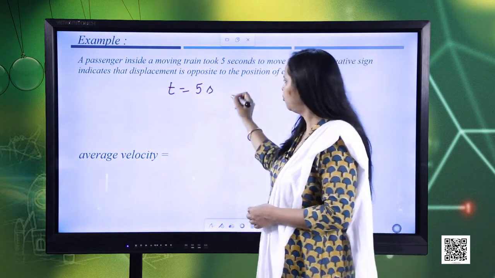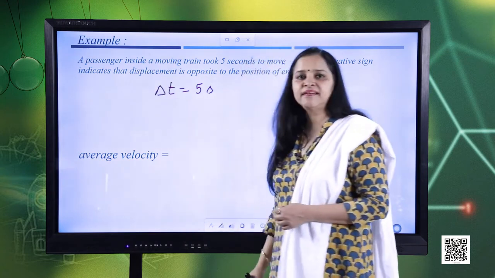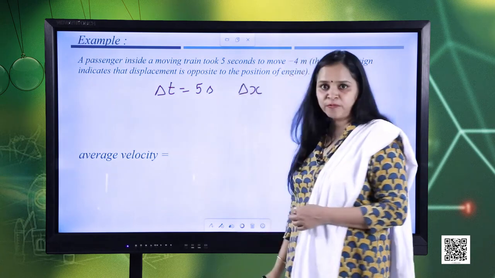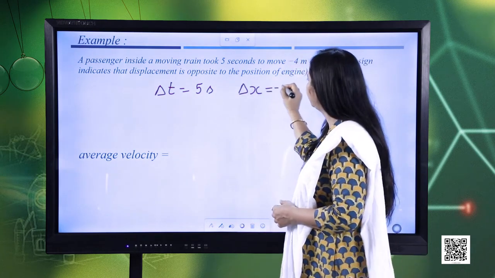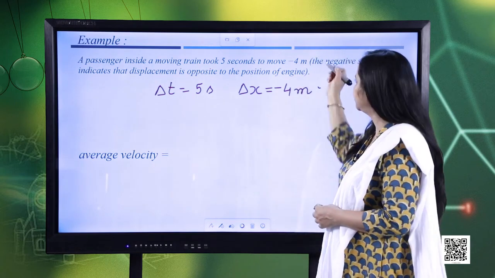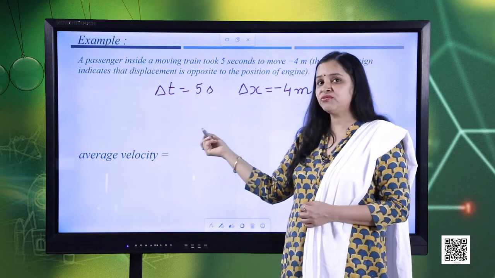What is this minus 4 meters? It is a displacement. So this is the time interval delta t, and delta x, which is the displacement, is minus 4 meters. What is the minus sign indicating here? It indicates that the displacement is opposite to the engine.